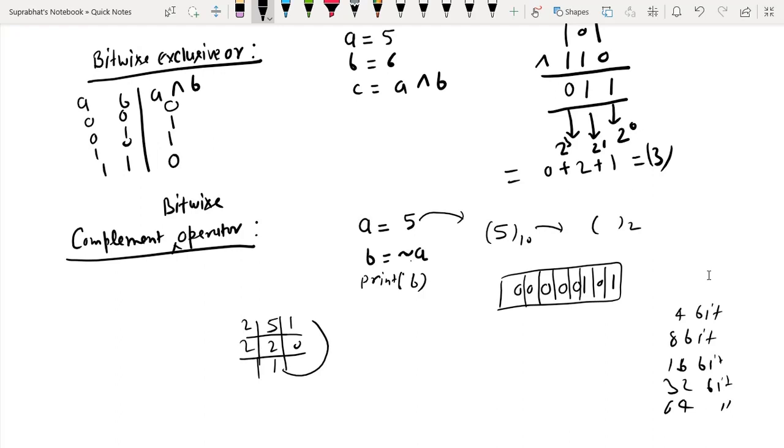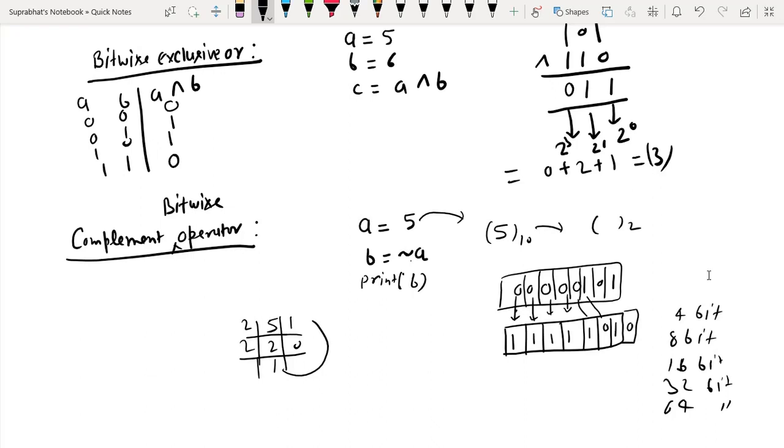So when we reverse these bits, what will happen? 1 2 3 4 5 6 7 8. This 0 becomes 1, this 0 becomes 1, this 0 becomes 1, this 0 also becomes 1, this 0 also becomes 1, and this 1 becomes 0, this 0 becomes 1, and this 1 becomes 0.